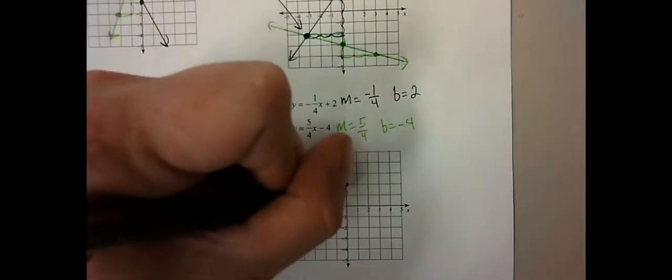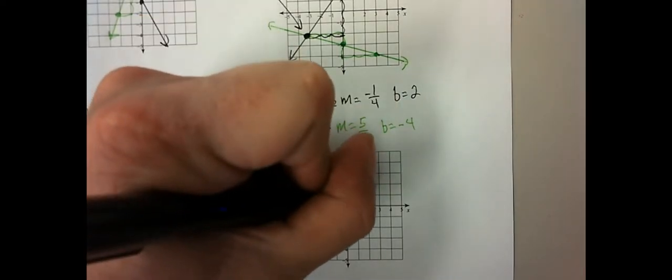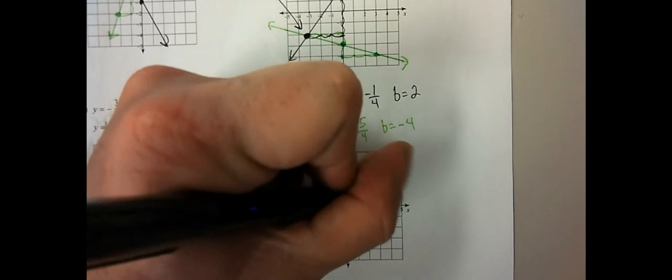Okay, graphing the first equation, I start at 2, and then I go down 1, and I have to run to the right 4 to get my negative slope. Okay, we're going to be way far off that graph, so I'm going to go the opposite direction now. So I'm going to go up 1, then I'm going to move to the left 4.